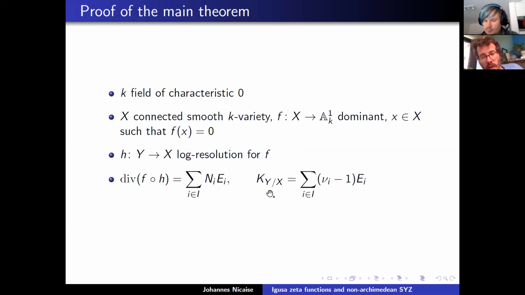And then we have the relative canonical divisor, which we use to define the log discrepancies. The log discrepancies nu_i are defined by the property that nu_i minus 1 is the coefficient of E_i in the relative canonical divisor. So this somehow measures how deep the component E_i is located inside the resolution of singularities.